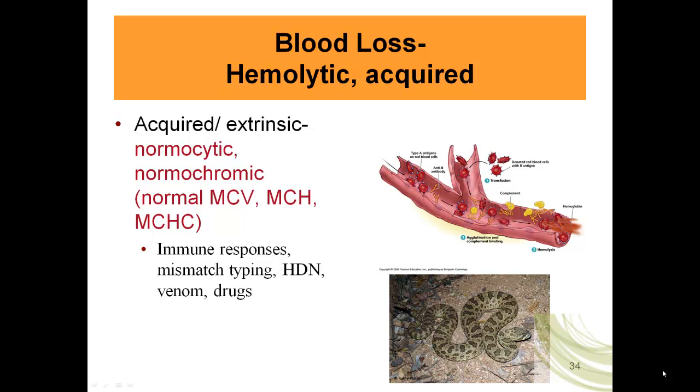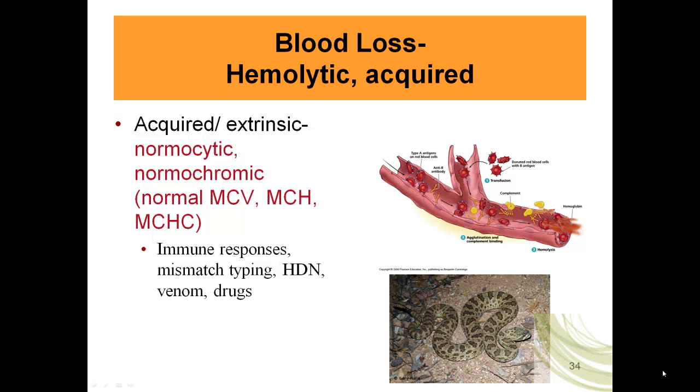Now, acquired hemolysis can be from basically you being bitten by a rattlesnake whose venom has hemolytic properties, or we can have hemolysis through acquired means like incompatible blood transfusion.